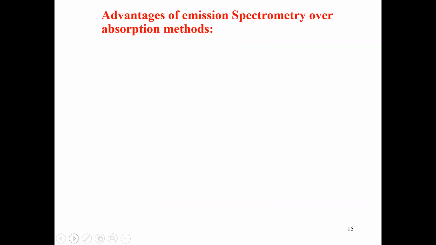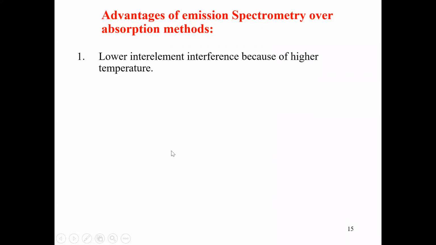What are the advantages of emission spectrometry over absorption, AA? Number one, it has lower inter-element interference because of a higher temperature. Remember we talked about spectral interferences in AA.